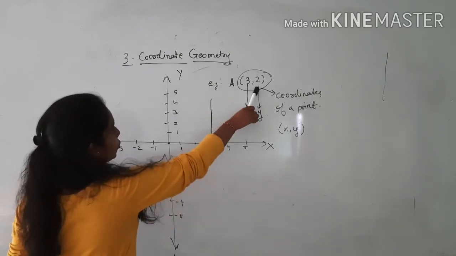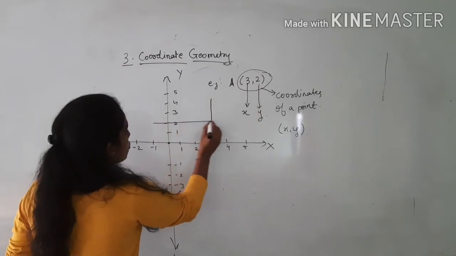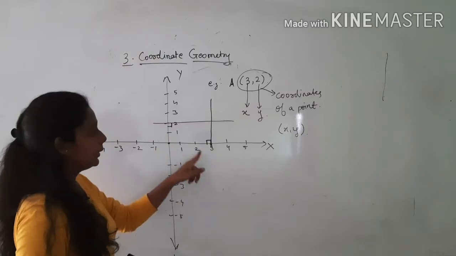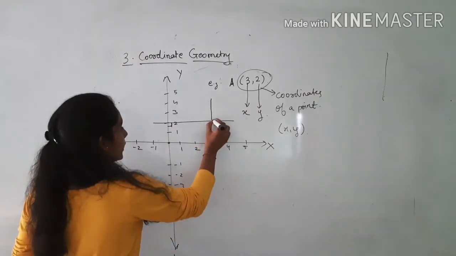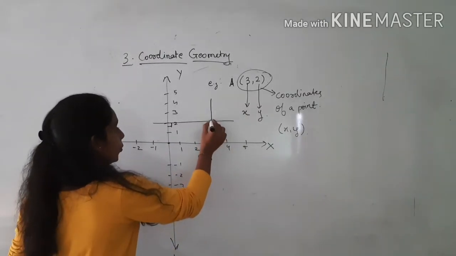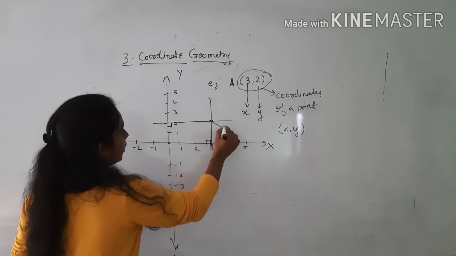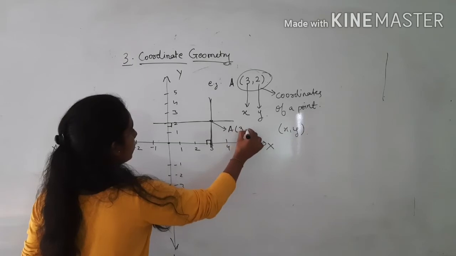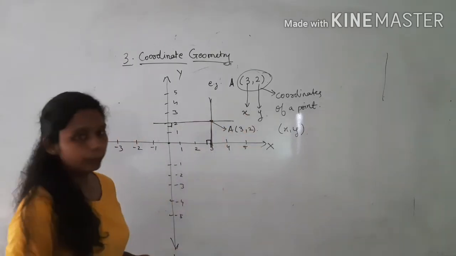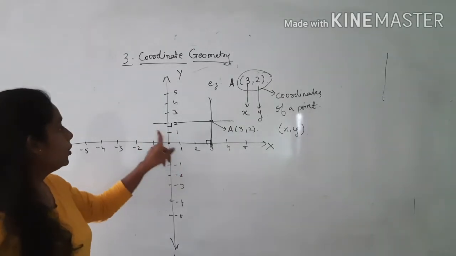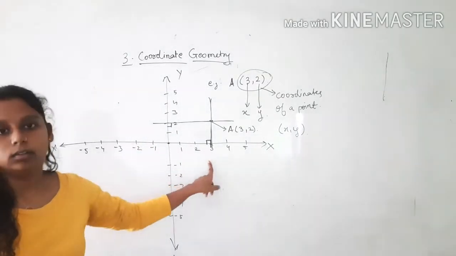The second is 2. The 2 of y axis, draw the perpendicular at 2. After drawing the perpendiculars, you get an intersection point. So the point where both the lines intersect is our required point, that is 3, 2. Okay. So the easiest way is to draw the perpendiculars at the given points.